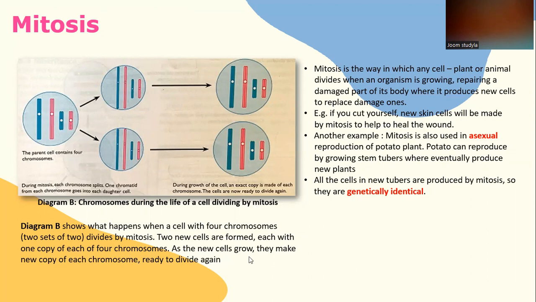As the new cells grow, they make a new copy of each chromosome and get ready to divide again. The definition of mitosis is a nuclear division giving rise to genetically identical cells.